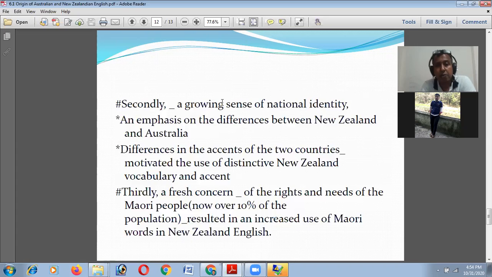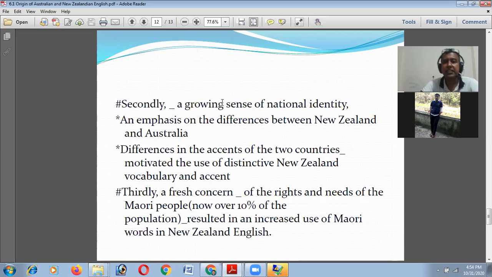Secondly, a growing sense of national identity, an emphasis on the difference between New Zealand and Australia. The English used in New Zealand is not as similar to Australian English. They want to make a difference for the sake of their national identity, between New Zealand English and Australian English.